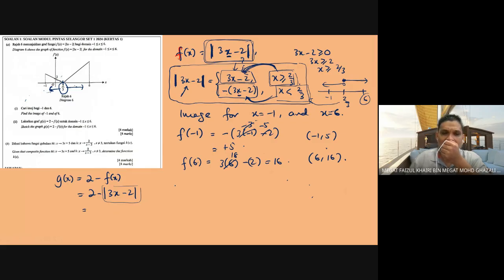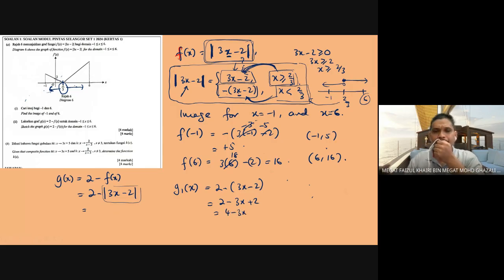Okay, so let's say g1 equals 2 minus (3x minus 2), where it is 2 minus 3x, negative and negative gives positive 2. So 4 minus 3x. Okay, another one, g2(x) is 2 minus, let's say negative times (3x minus 2).